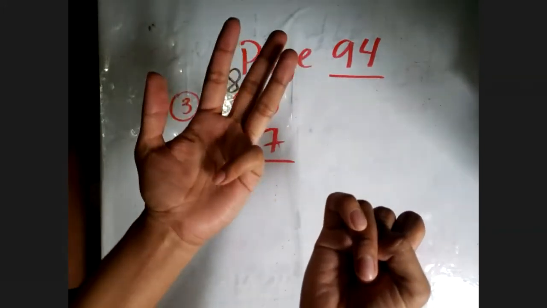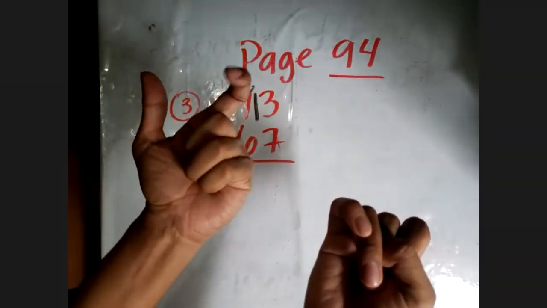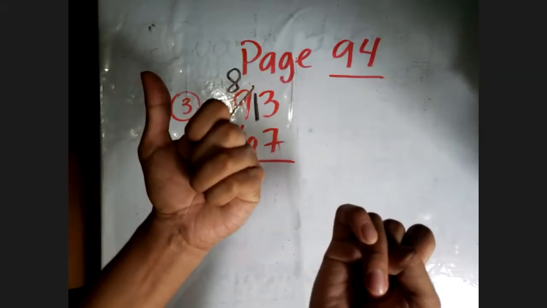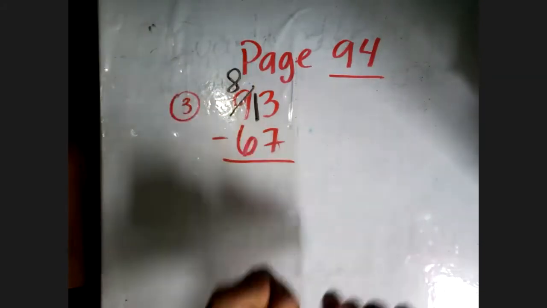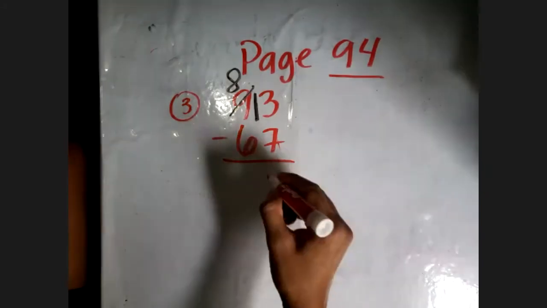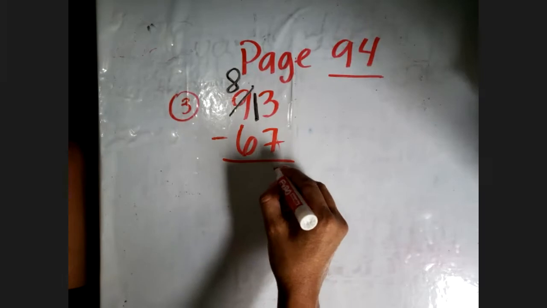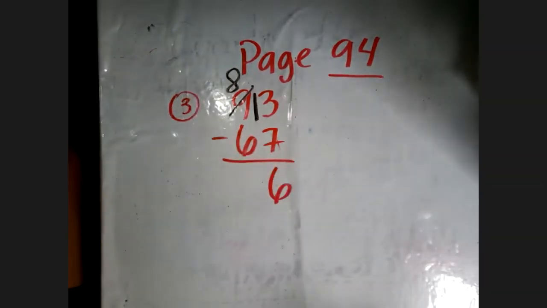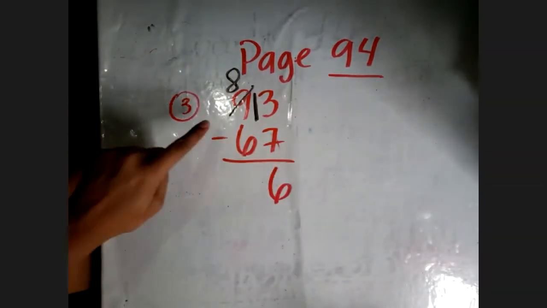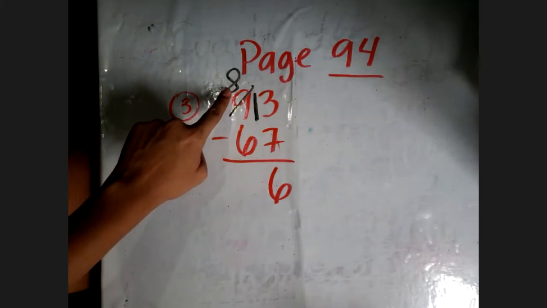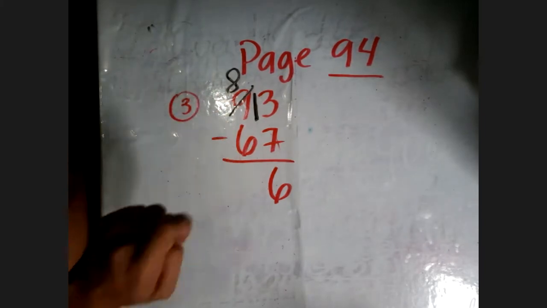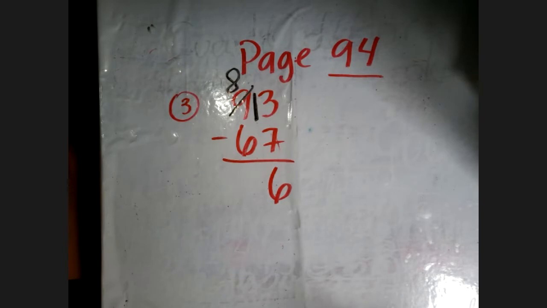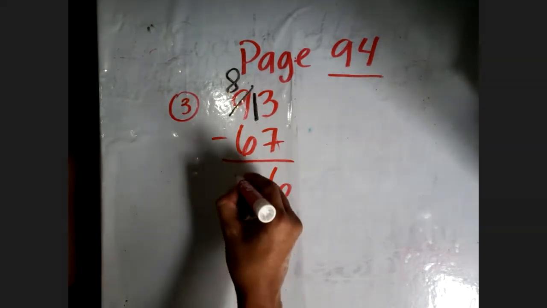10, 9, 8, 7, 6. How much is it? 6. Right. 13 minus 7 is 6. Now I subtract the next number. 8 minus 6. 2.